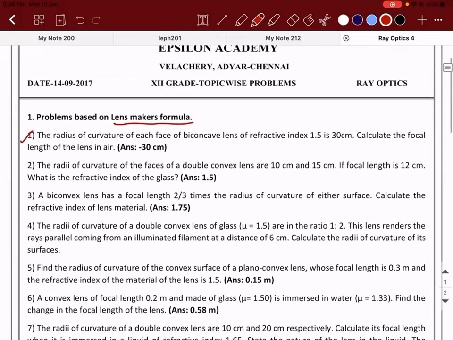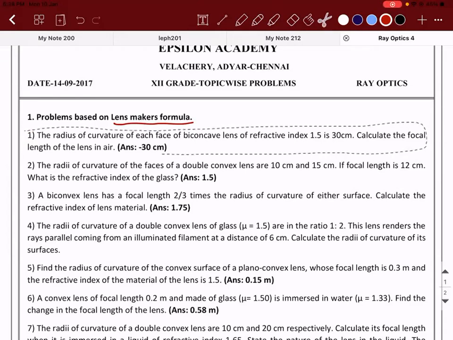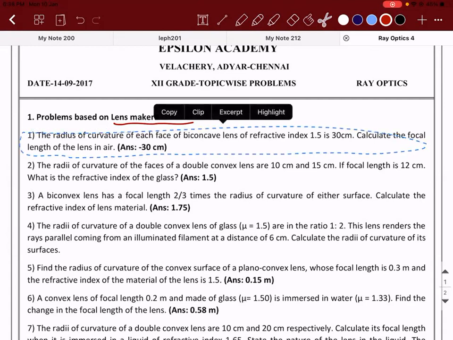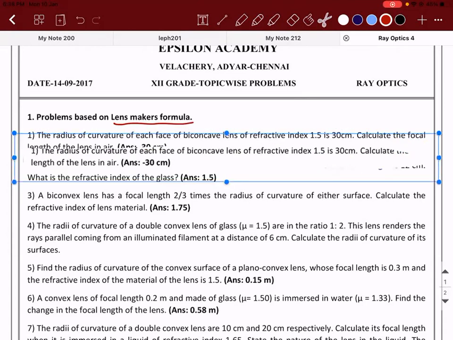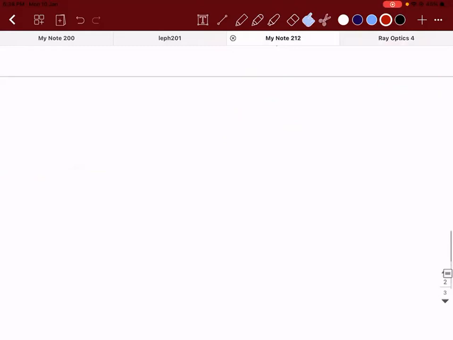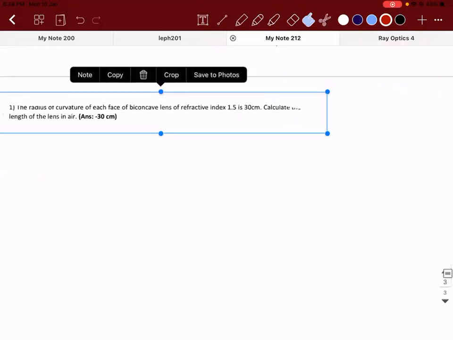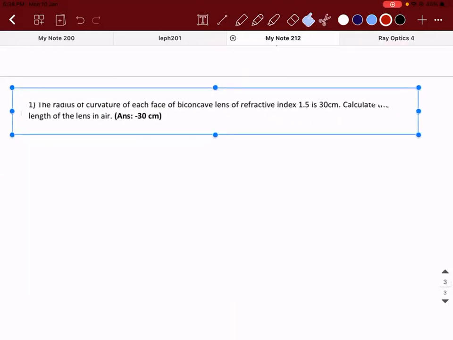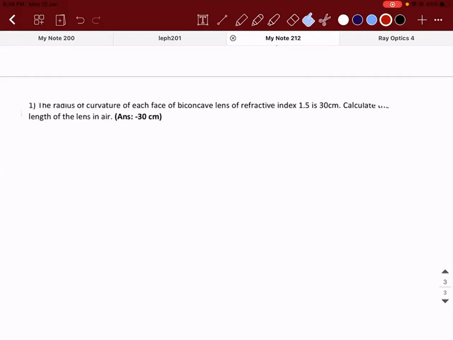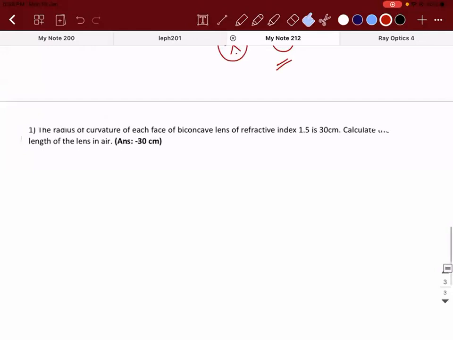The radius of curvature of each face of a biconvex lens of refractive index 1.5.